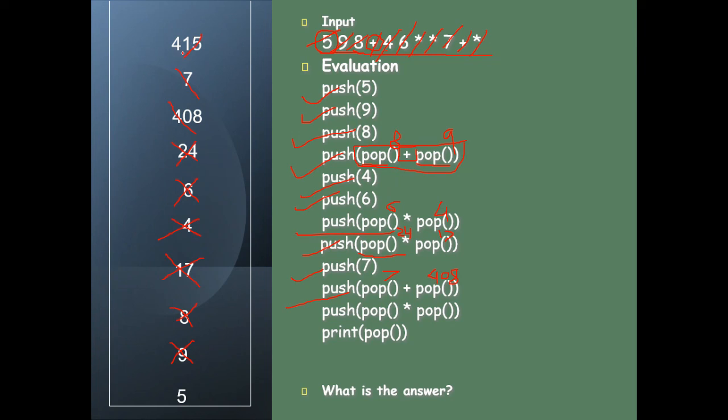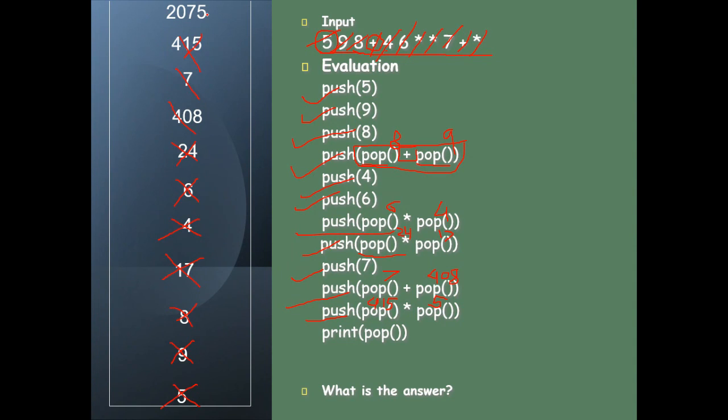The first pop operation will give you the value 415, and the second pop will give you the value 5. If you multiply 415 into 5, it is 2075. You have to push it into the stack, so we have inserted 2075.